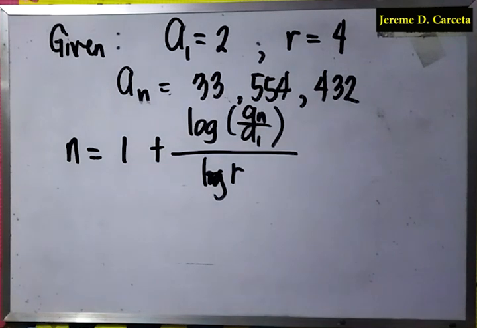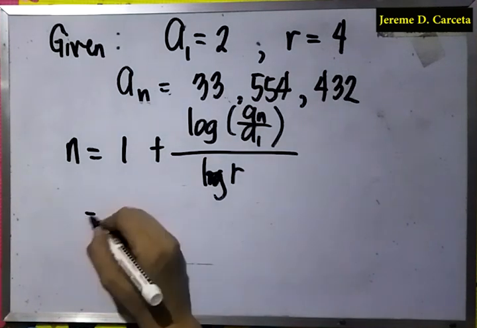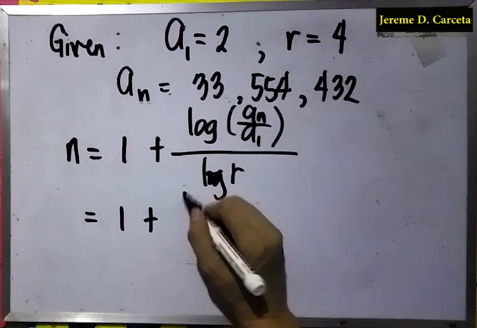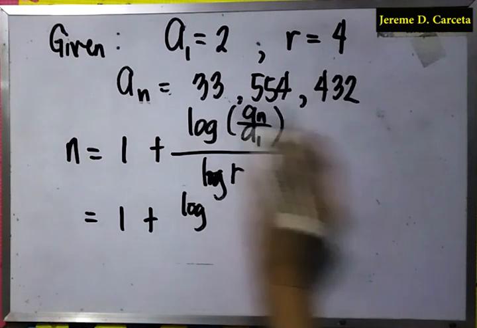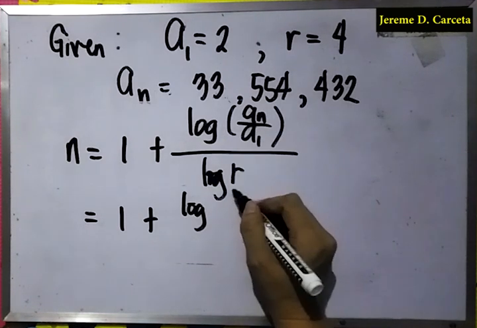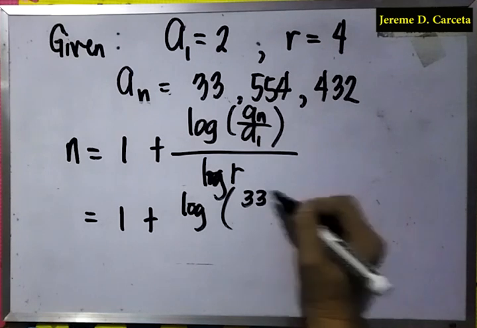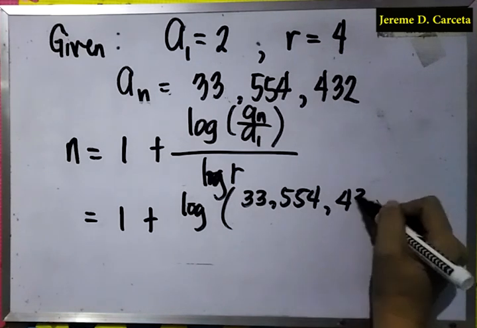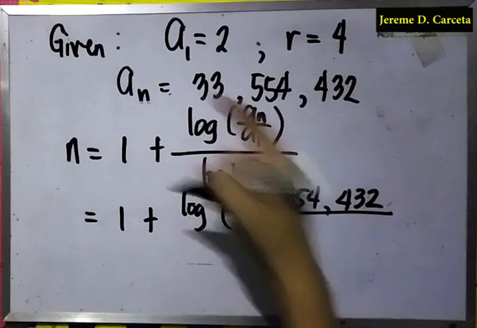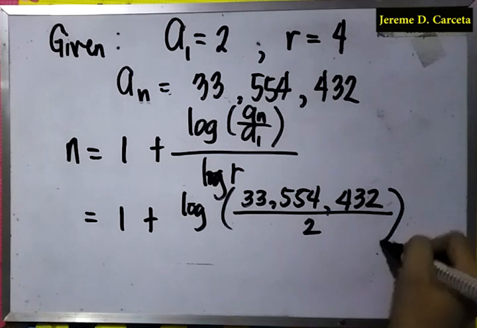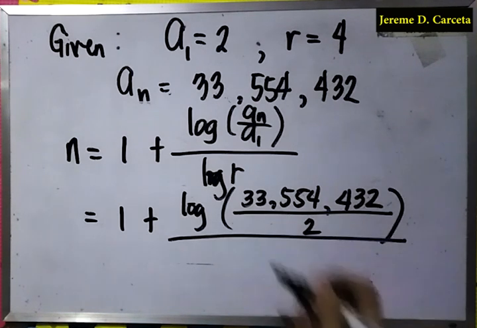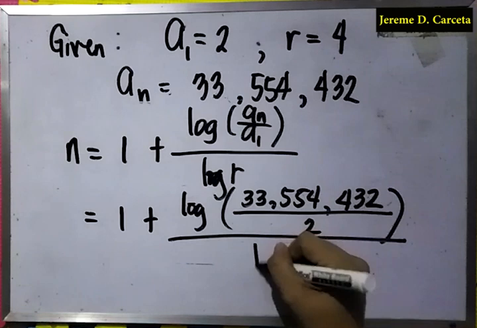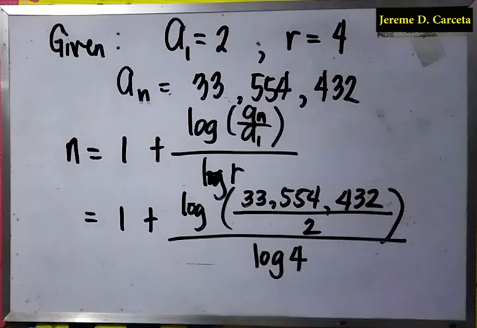So we substitute again the values. We have 1 plus logarithm of our a sub n, 33,554,432, over the first term, 2, all over the value of our r, logarithm of 4.